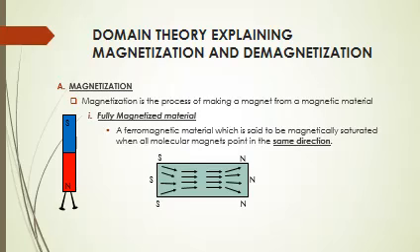The nails will deflect, so there is that repulsion. That's why you see those arrows inside the magnet also get repelled. So this is how domain theory can help us to explain magnetization. The fully magnetized material is when those molecular magnets point in the same direction, as you have already seen in the diagram.